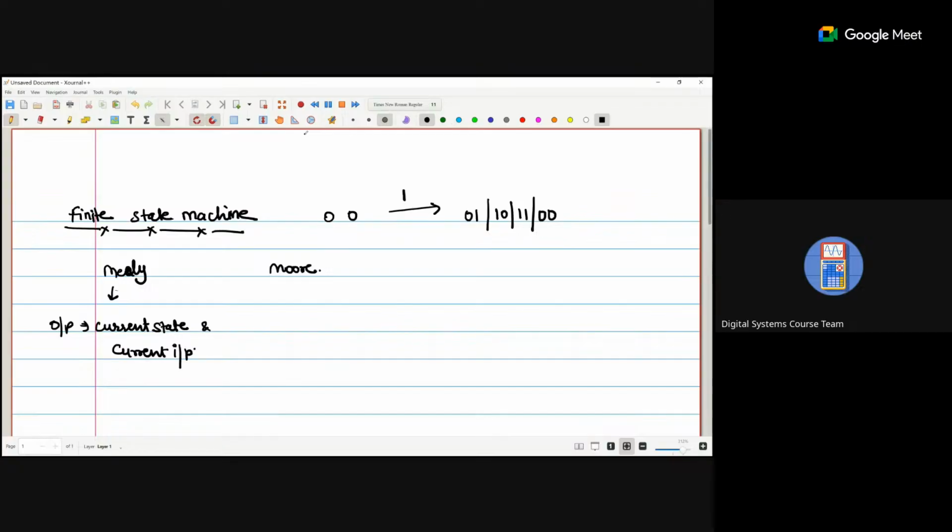That means which state we go to depends on the previous state and the input we provide. Currently the input that we provide, together with the previous state, decides the next state.